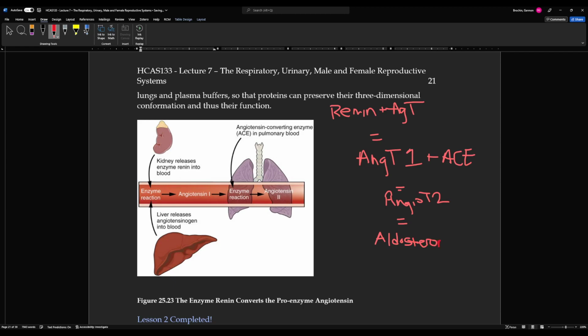Aldosterone is secreted by the adrenal cortex, and it's a corticosteroid hormone, and this will actually cause the kidney to retain more electrolytes. And as we've talked about before, water loves to follow electrolytes, so this further reinforces the ability of the kidney to retain water.